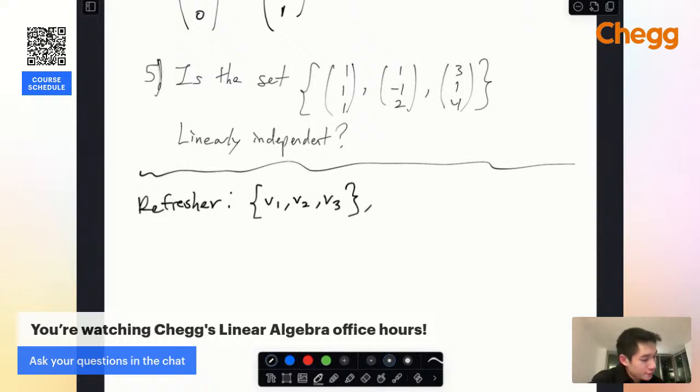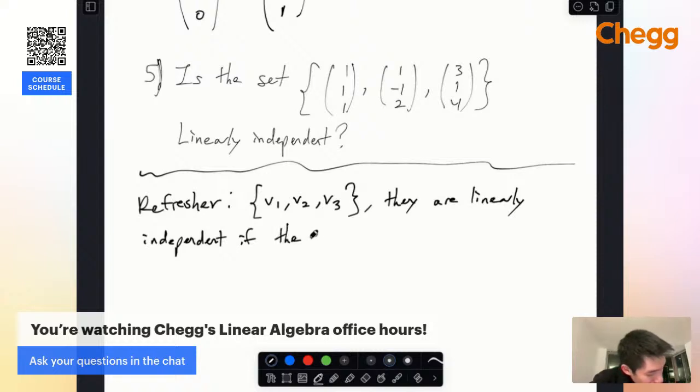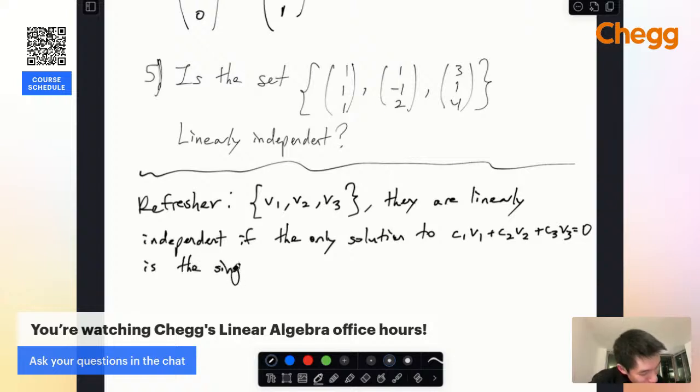If I have 3 vectors here, they are linearly independent if the only solution to C1 V1 plus C2 V2 plus C3 V3 equals 0 is the single point C1 equals C2 equals C3 equals 0.